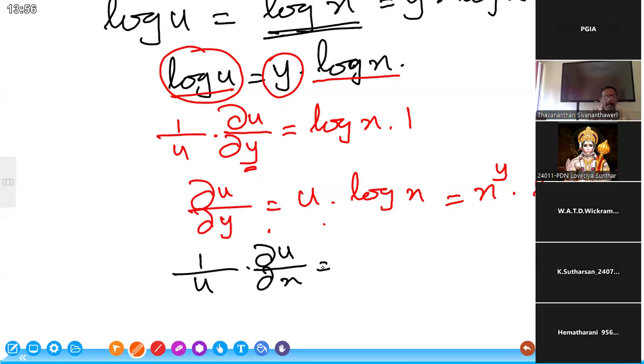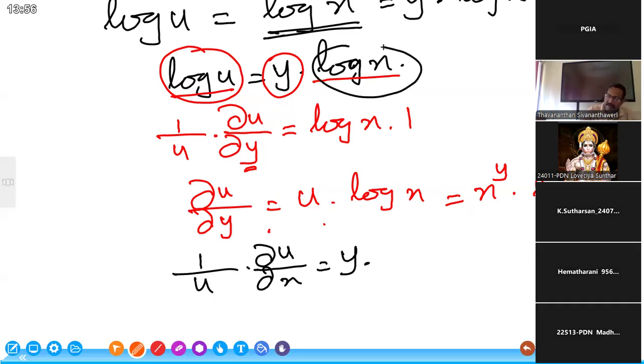Anyone? Which one is considered as a constant? Y. Y is kept as a constant.